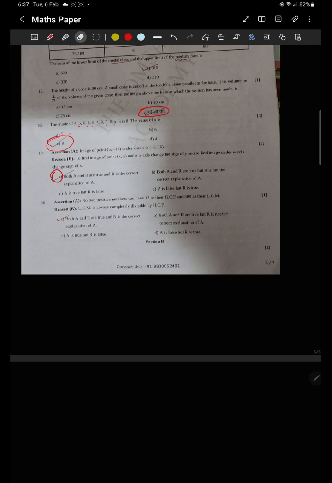Next, question number 20: no two positive numbers can have 18 as their HCF and 380 as their LCM.